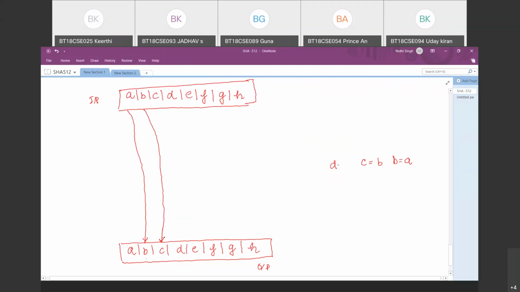Now D will be equal to C, meaning C's data will come here. F will be equal to E, so E's data will come into my F.